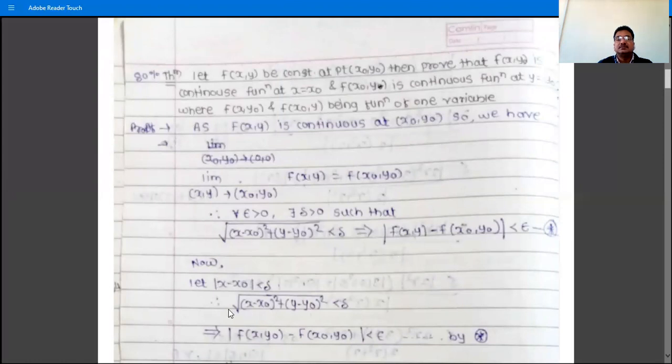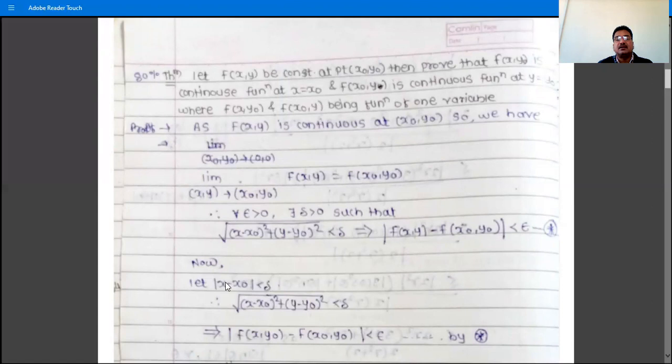implies, so we adjust: y minus y naught minus y naught square. Here just write y naught. Root of (x minus x naught) square plus (y naught minus y naught) square; y naught minus y naught is 0, so we add just 0.